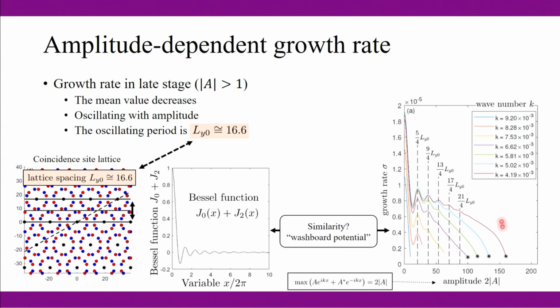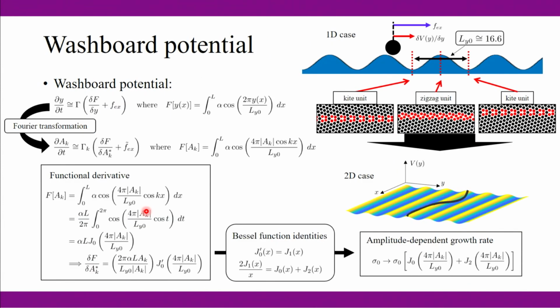Clearly, because of this evidence, that's why in our mean field theory, we put in this washboard potential to mimic this coincident site lattice plane, all right? With some derivation, but I'm not going into detail: if we assume there's a periodic structure occurring in space, and that periodicity along the y direction depends on the misorientation, because the periodicity of the coincident site lattice depends on the misorientation, then with certain derivation, you can see the growth rate will depend on the amplitude, like here, right?